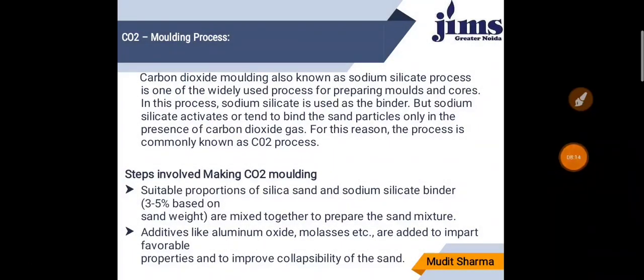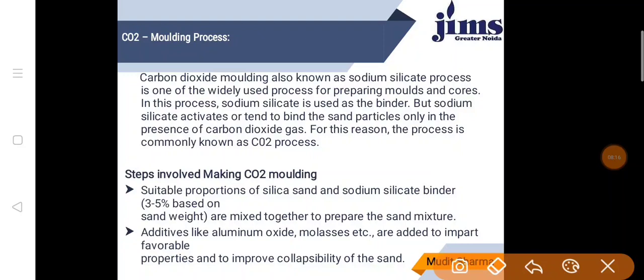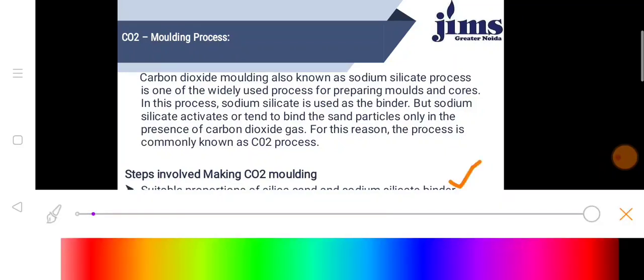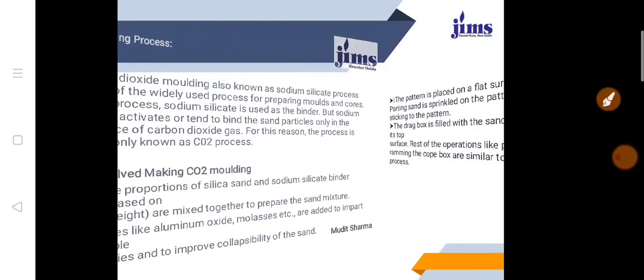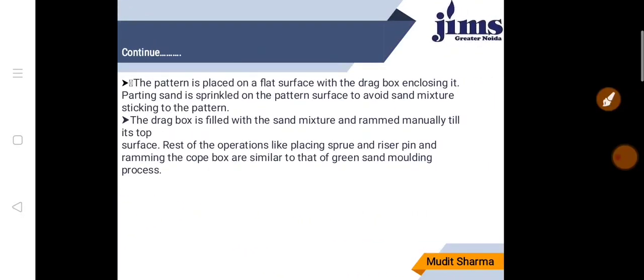These are the common steps which will be discussed one by one. A suitable proportion of silica sand, sodium silicate binder 3 to 5%, and additives like aluminum oxide, molasses, etc. are mixed. The pattern displays a flat surface, the drag box is placed enclosing it, and parting sand is sprinkled on the pattern surface.